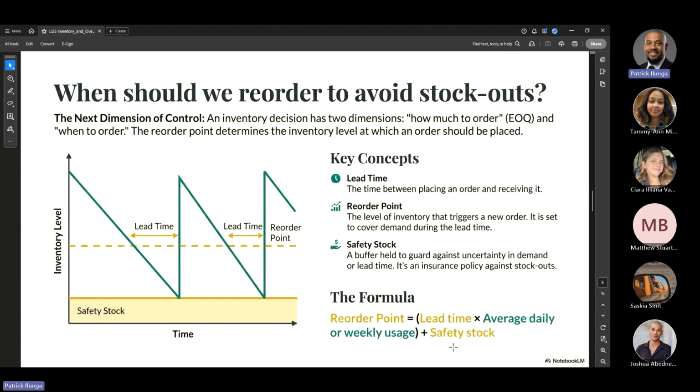On average, you use 20 every week. On average, the maximum usage could be 40. So you can see between 40 and 20, there is a gap of 20. That's what we mean by a safety stock. Safety stock to make sure that I have enough in case I'm required to do more than the average. Right. Does that make sense?